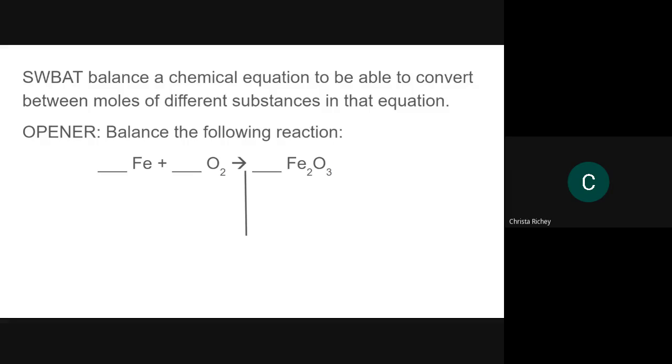If you're switching between moles of different substances, they come from a balanced equation. And it's been a little while since we have balanced equations. This is actually how to balance the first one on the workday thing that we're about to do. I'm not going to take up a lot of your time. Who did not pick up this paper and needs a paper copy? Because this opener is how to balance the first equation.